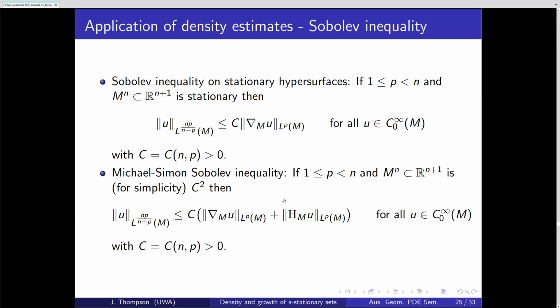Jack, can I just ask, M being stationary, are we talking about a measurable hypersurface, or an actual classical hypersurface in R^(n+1)? Let's say just C2 or smooth, if you want.